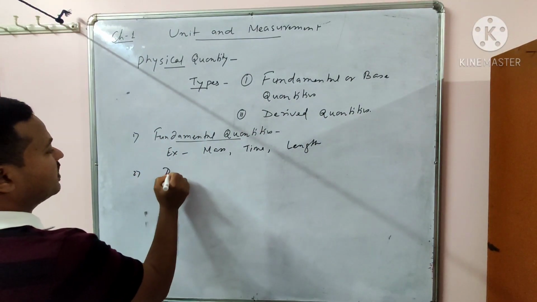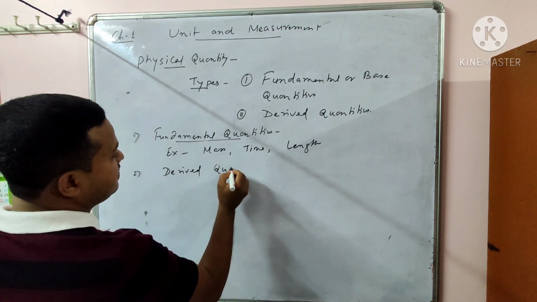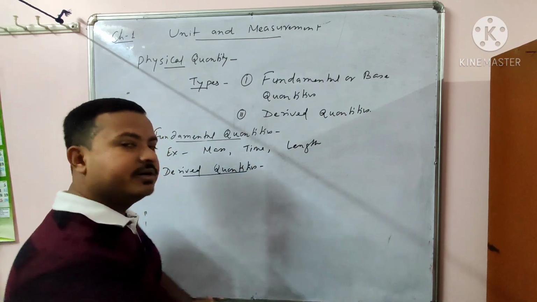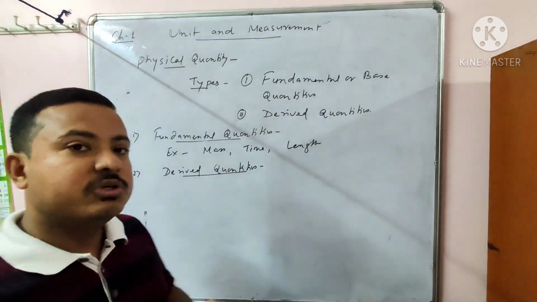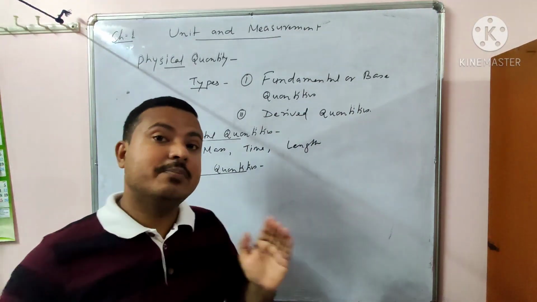The second one is derived quantities. Derived quantities means the quantities which cannot be measured independently.